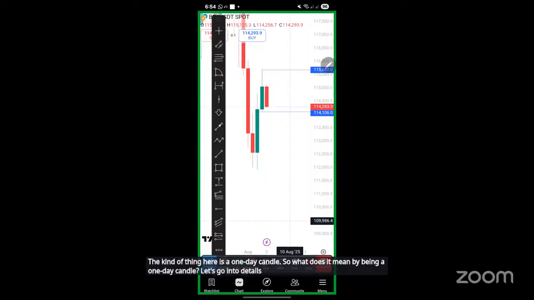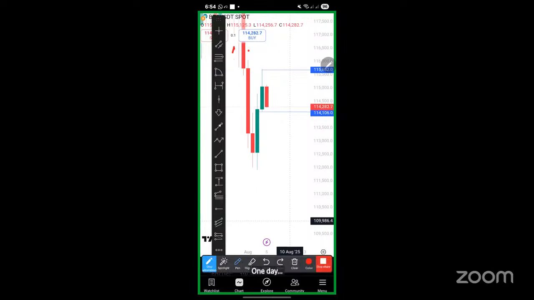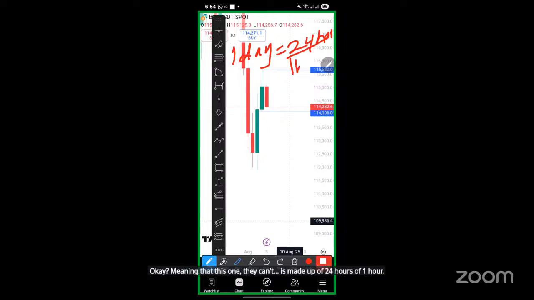It means 1 day equals 24 hours. Meaning that this 1 day candle is made up of 24 hours of 1 hour. Are we together? 1 day is made up of 24 hours.